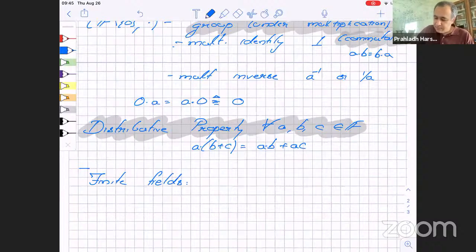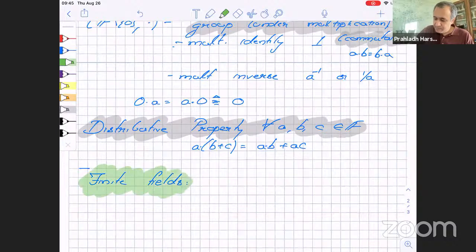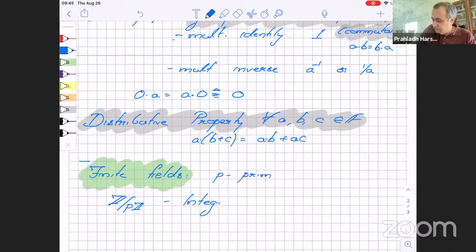But let's look at some examples of finite fields. So I want to claim, let's look at integers, what's called Z mod PZ, which is integers mod P. So let's take P to be some prime number. Integers mod P. That's basically I'm just looking at 0, 1, 2, 3, all the way up to P minus 1.